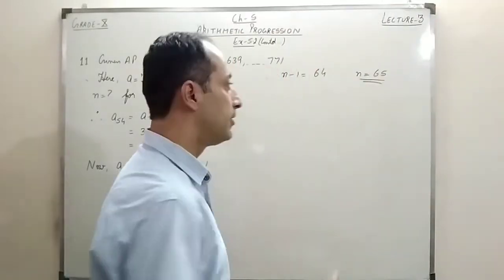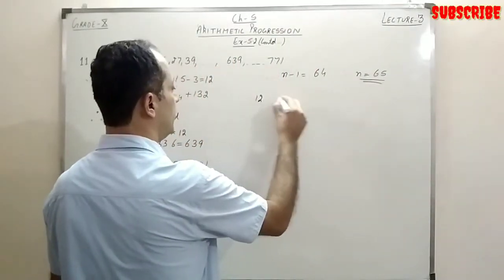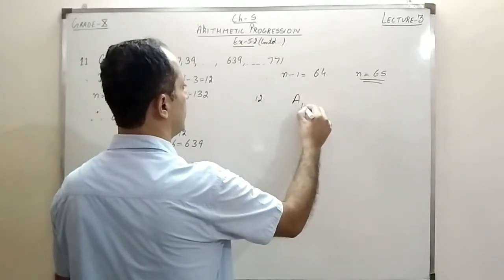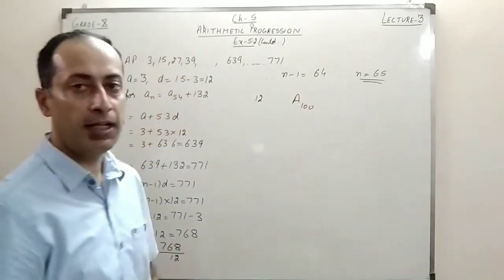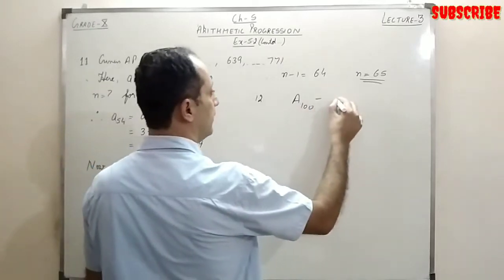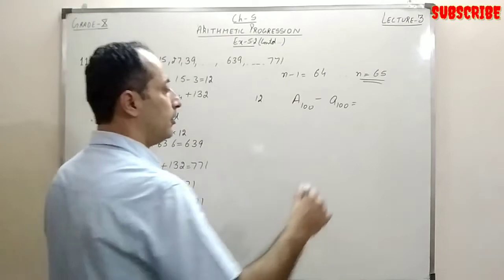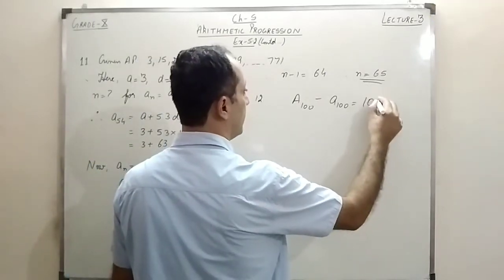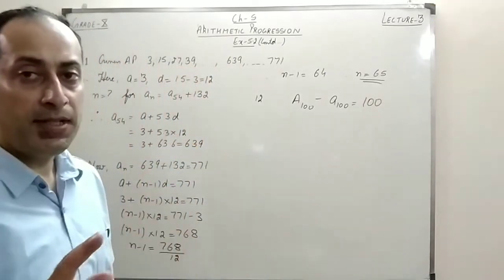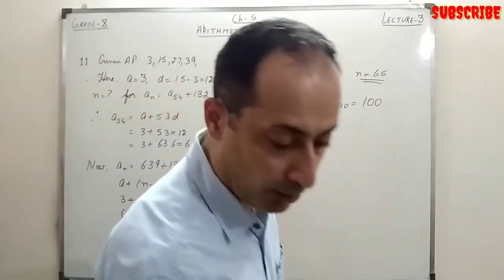I just tell you. Suppose I have two APs. Suppose this is the 100th term of one AP and this is the 100th term of the other AP. So the difference here is given as 100. Now the two APs have the same common difference.